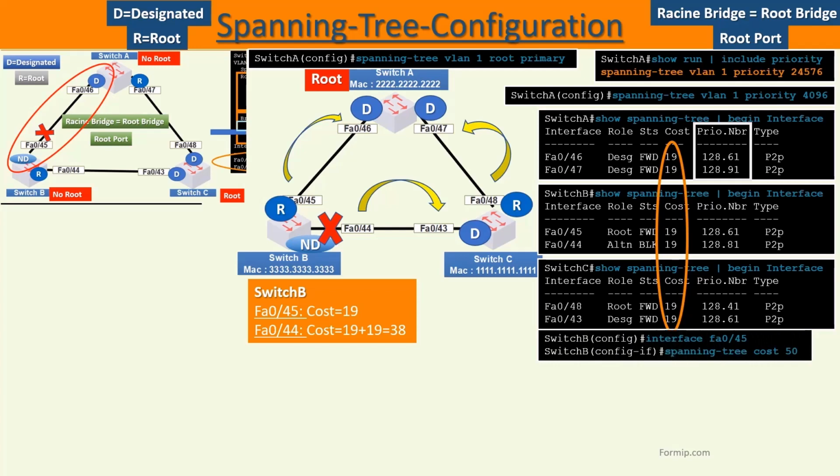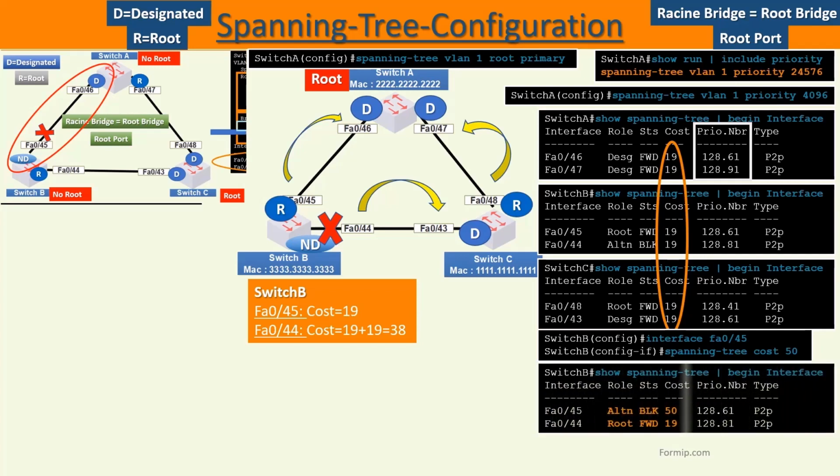The spanning-tree cost command is used to modify the cost of an interface. Here we connect to port 45 and specify a cost of 50. If we recall our show spanning-tree command, we can see that interface 45 is now blocked, because it has a higher cost than its other interface 44, which is now denoted the root port.